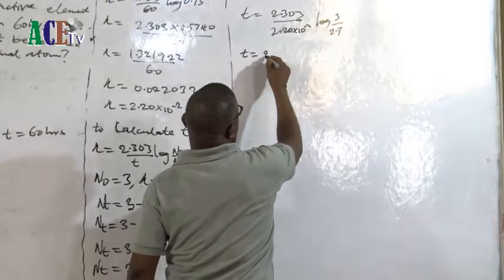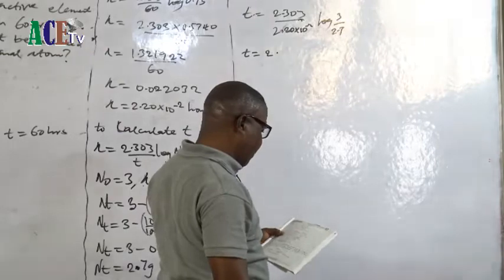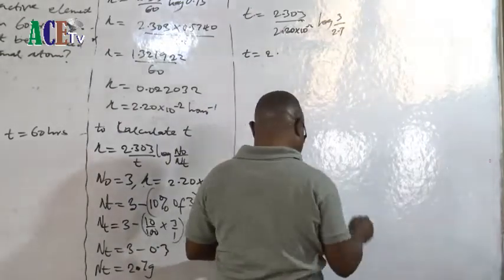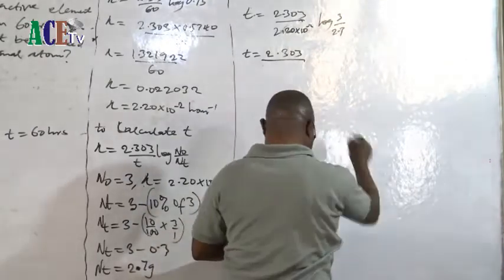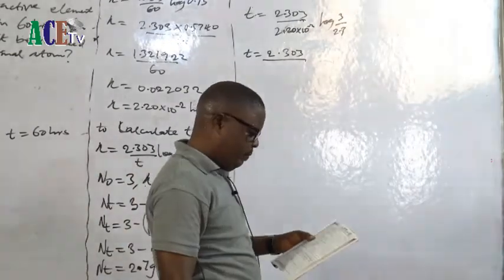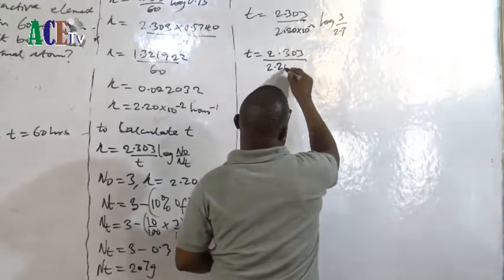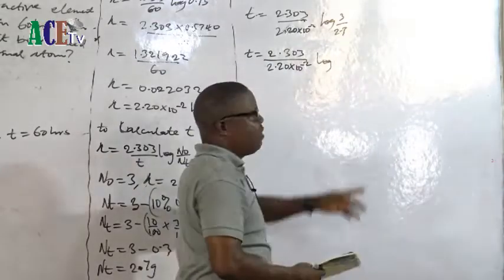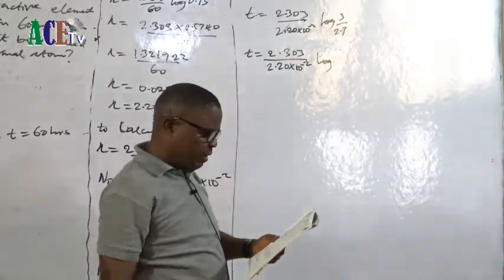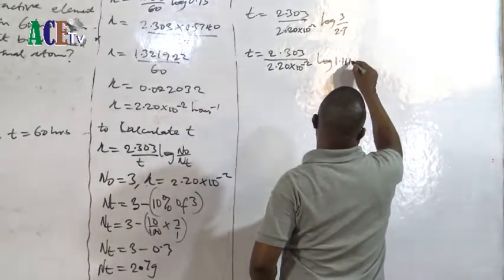So T is equal to 2.303 all over 2.20 times 10 raised to power minus 2, logarithm of, if we divide 3 by 2.7, it will give us 1.1111.